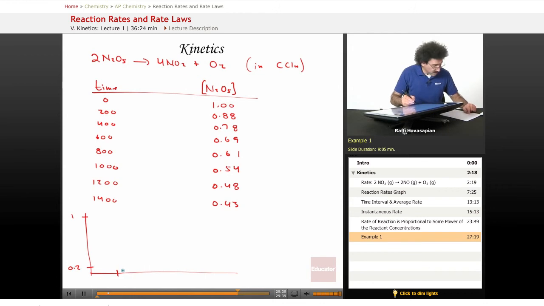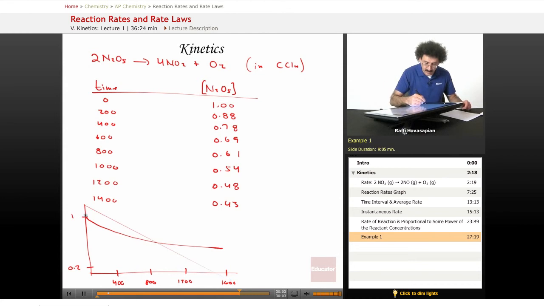And let's put 400, 800, 1200, 1600. So it's going to look something like this. This is the data just plotted on a graph.